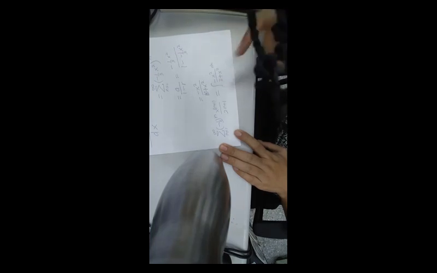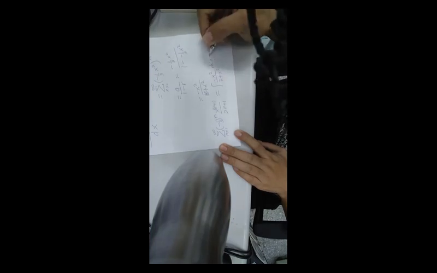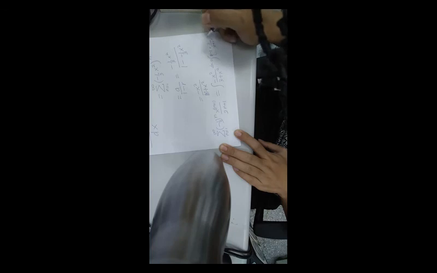But this part will be easier to solve if we write it as minus 1 plus 3 over 3 plus x squared dx. Why? Let us see.